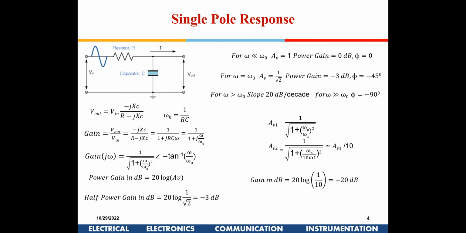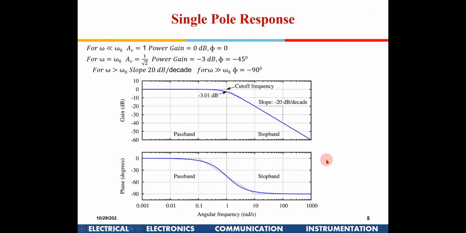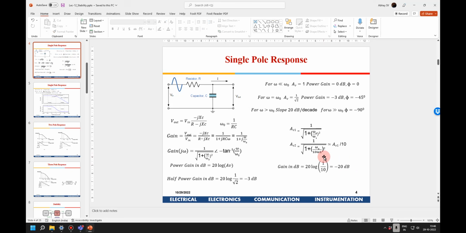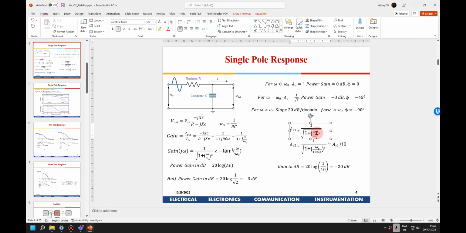Sir, in this AV1 and AV2, omega 0 should not be in the denominator. Yeah, okay, correct. I made a mistake again there. Let me change that. Omega 1. This will be omega 0. And this will become 10 omega 1, right?